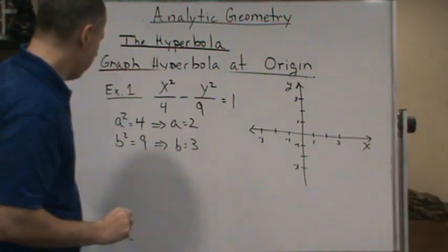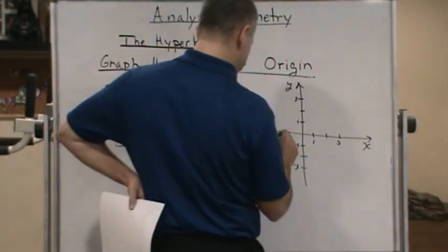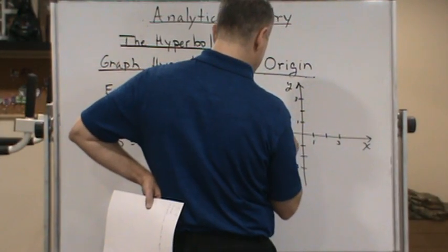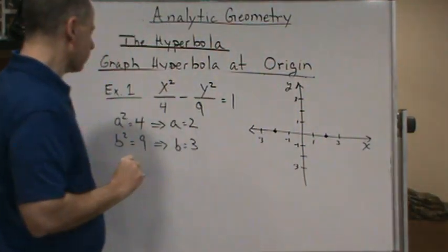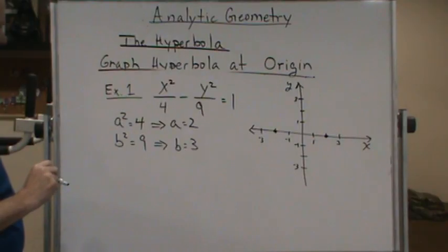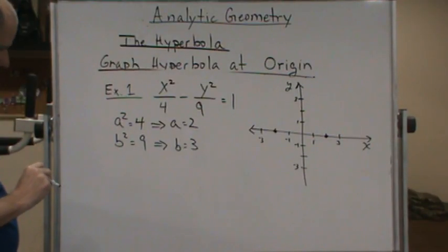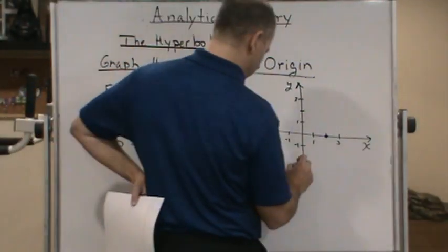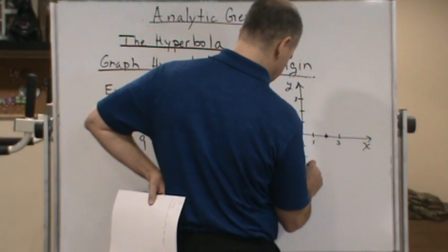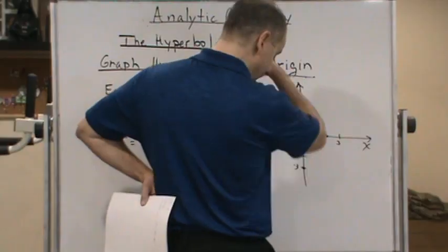Okay, so now we know the vertices are here and here, right? Okay, so we got those. And then B is going to help us with the rectangle. So B is going to be along the y-axis.